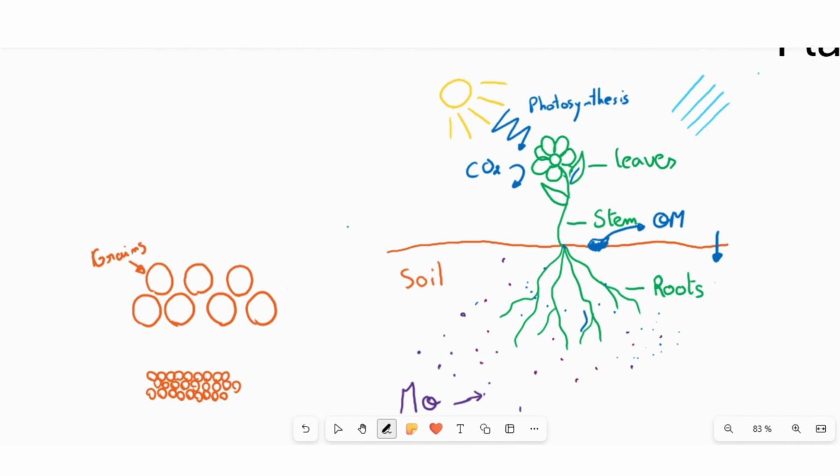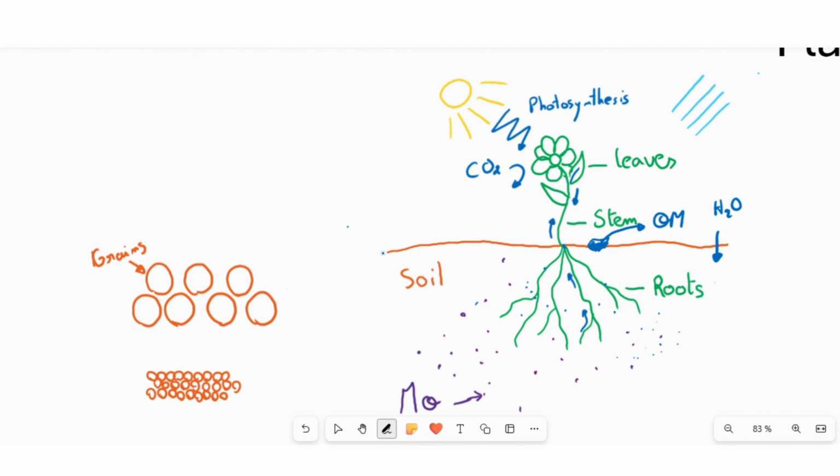So the plant is going to absorb these nutrients, going to repeat the cycle where it does a process of photosynthesis. It takes also water. By rain, it's going to use all of these elements, and the cycle is going to repeat itself. This is what we would call the biogeochemical cycle of a plant.